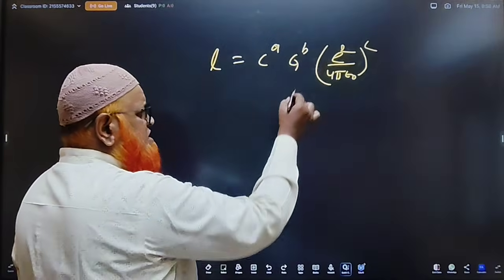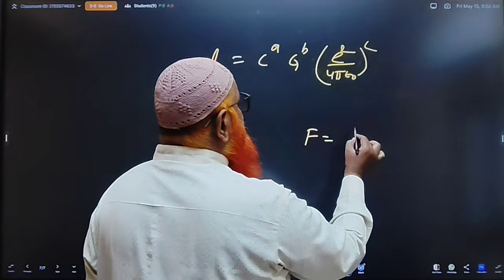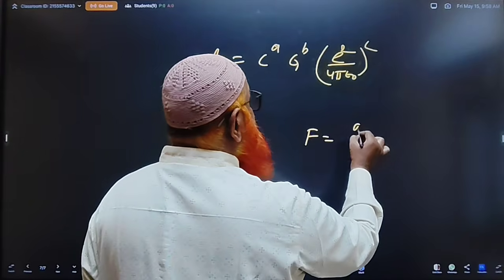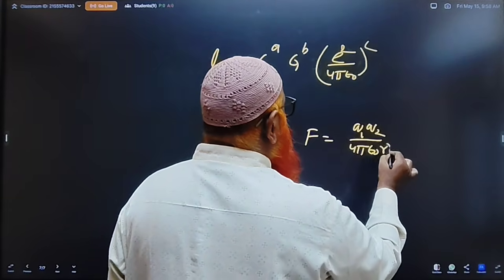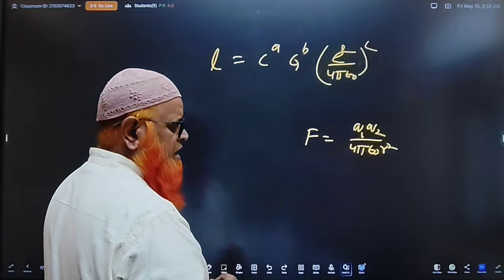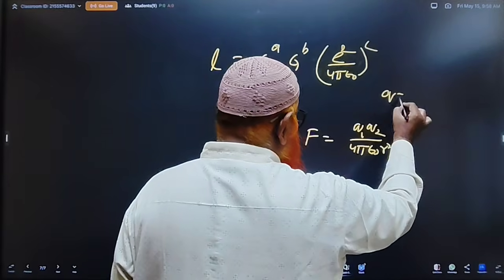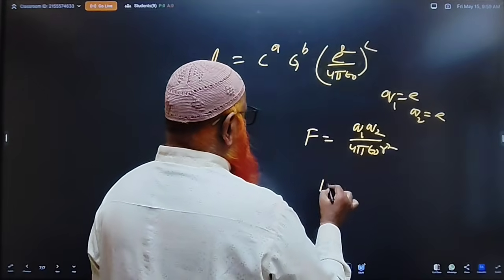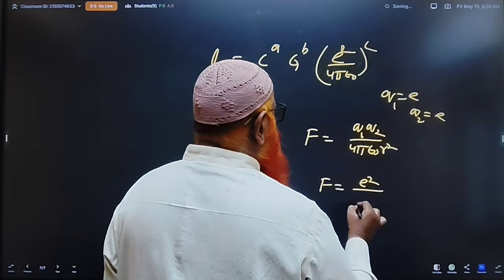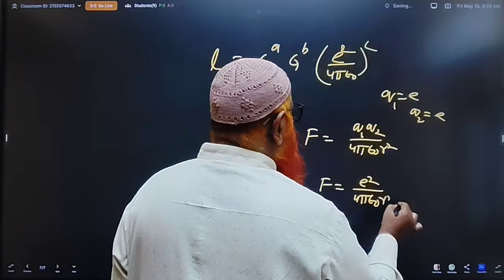If you observe this, is it not familiar from Coulomb's inverse square law, which is Q1 Q2 by 4 pi epsilon naught into R square? Here, instead of Q1 and Q2 he has taken e and e, so F is equal to e square by 4 pi epsilon naught into R square.